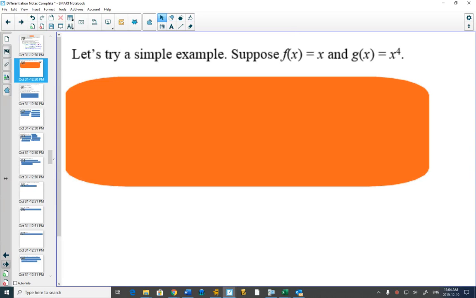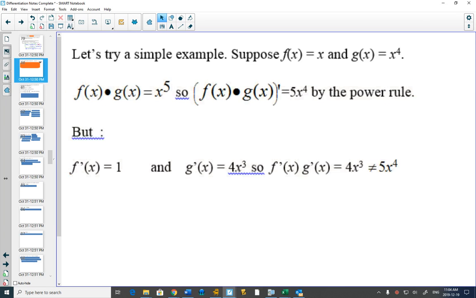You have that in your notes as an example here as well. Something simple. Take x to the 5th. You know that the derivative is 5x to the 4th. But if you broke it up to be x and x to the 4th and did the derivative of each of those separately, you would get the wrong answer.